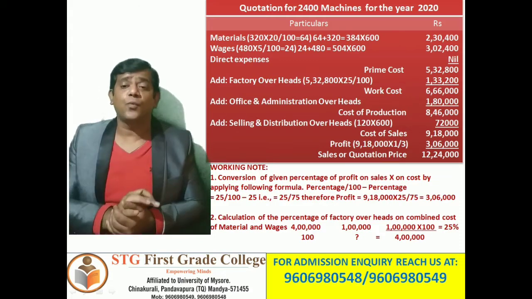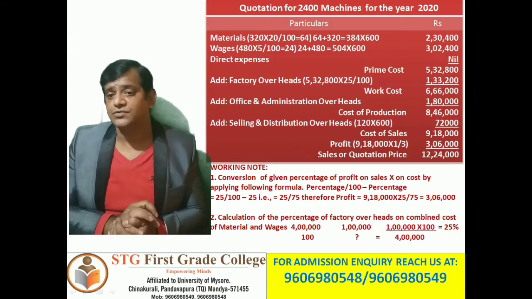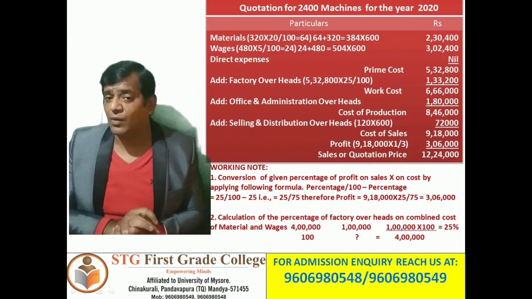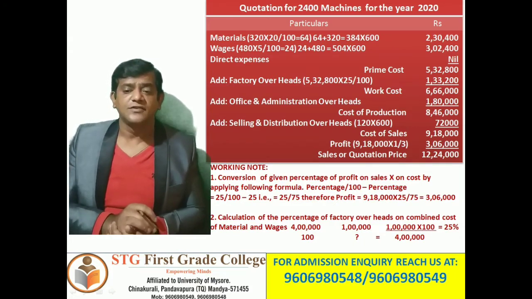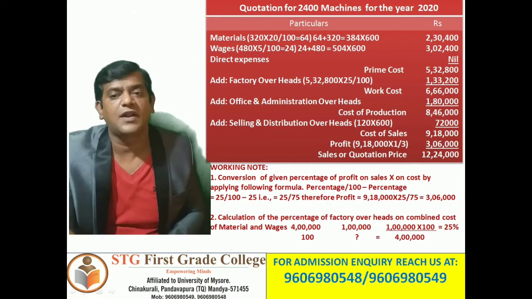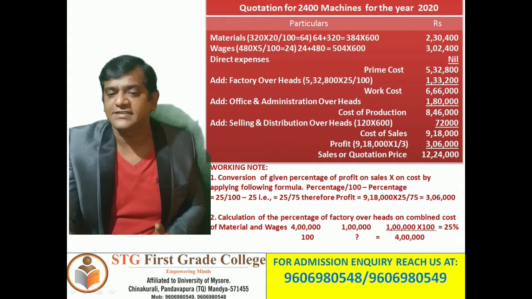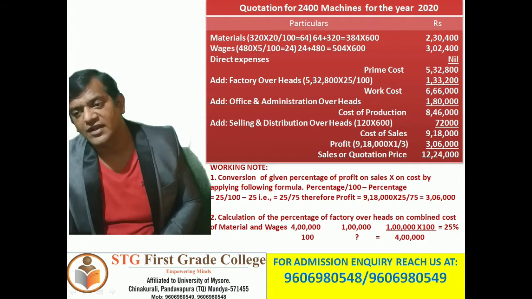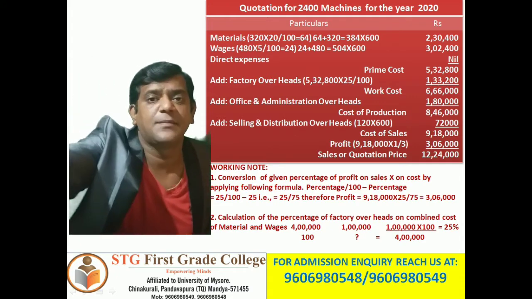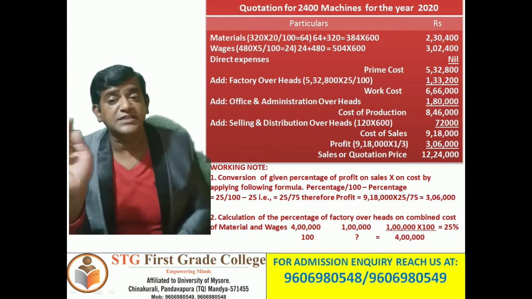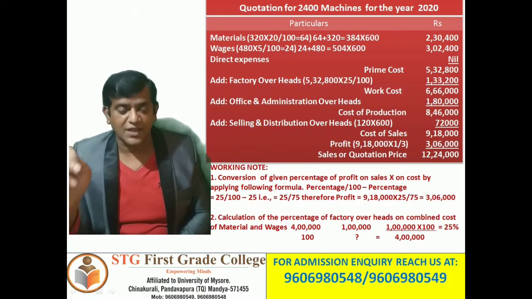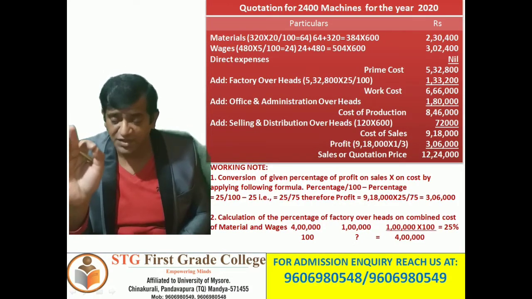Next, add selling and distribution overheads. That is 120 into 600. Why 120 into 600? Selling and distribution overheads per unit remain the same, there is no change in per unit cost.